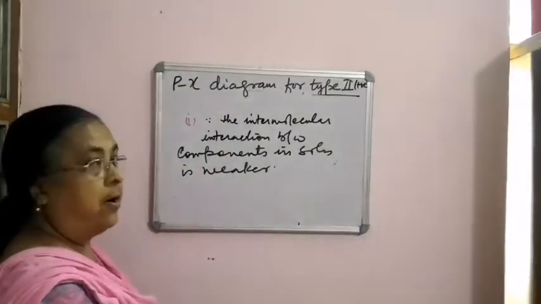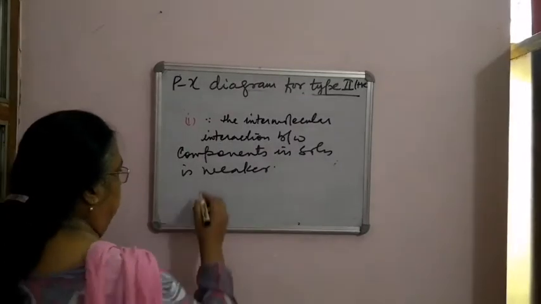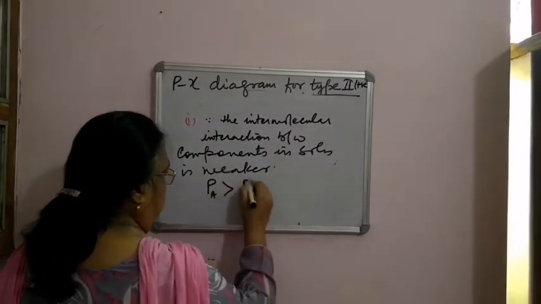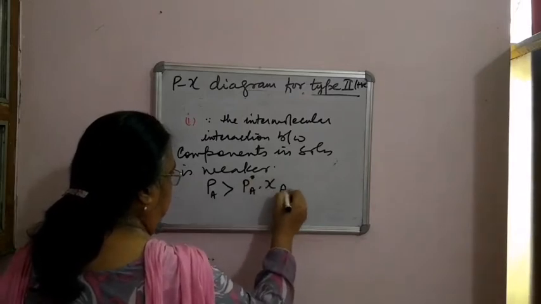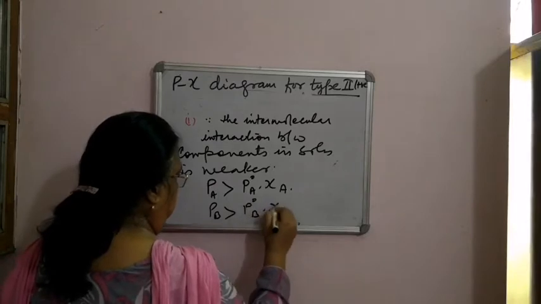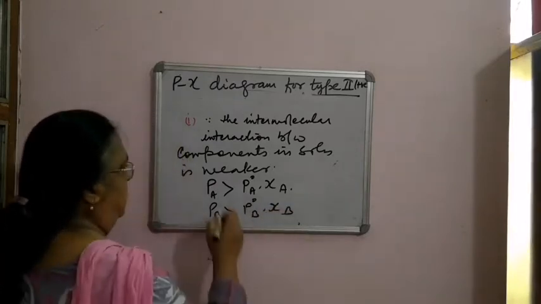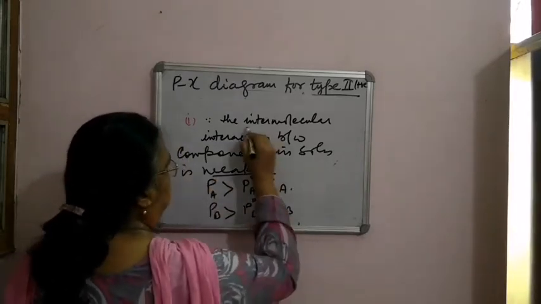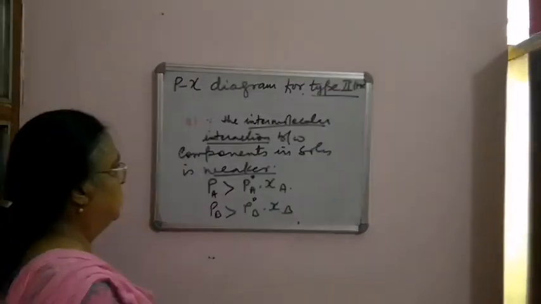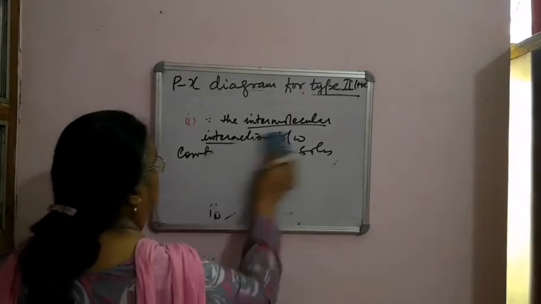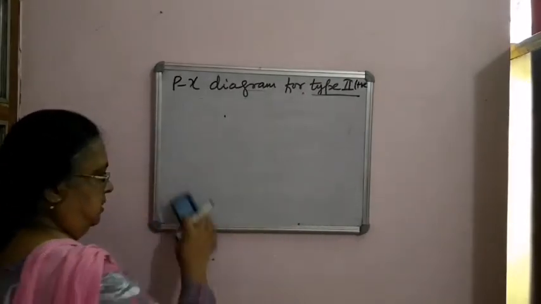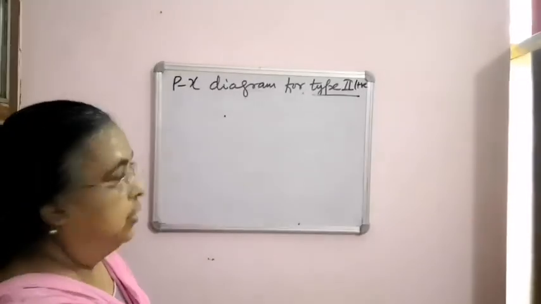So the vapors formed will be more, and PA will be greater than P naught A into XA, and likewise PB greater than P naught B into XB. This is because of the weaker intermolecular interaction between the components in the solution. So the first point is that the components in the solution do not follow Raoult's law.